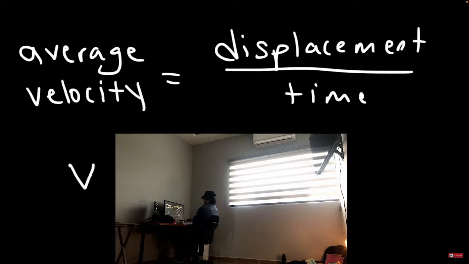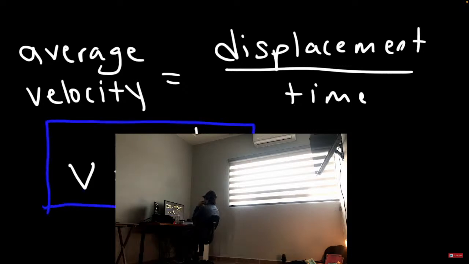Average velocity could be represented by v, displacement can be represented by d, and the time is t. So the formula looks identical, but the meaning is different. So keep this in mind. Velocity is associated with displacement. Speed is associated with distance.